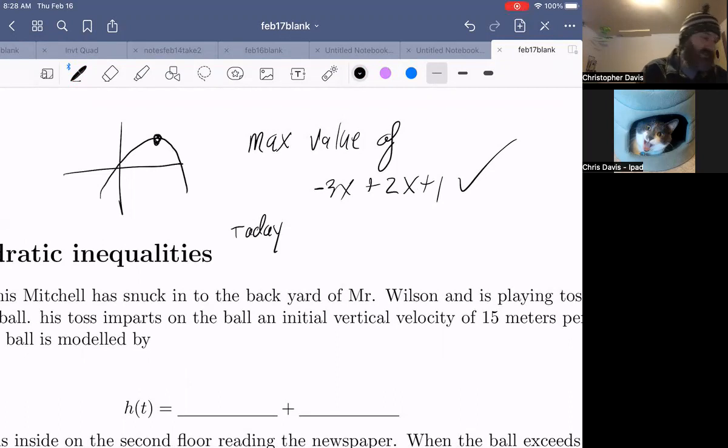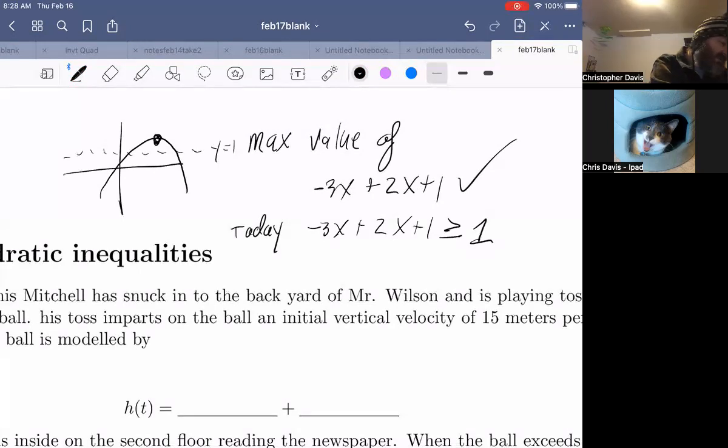We can find that height. Today, we figure out how to solve that. So there's the line at y equals 1. We will discuss how to find that part of the parabola.